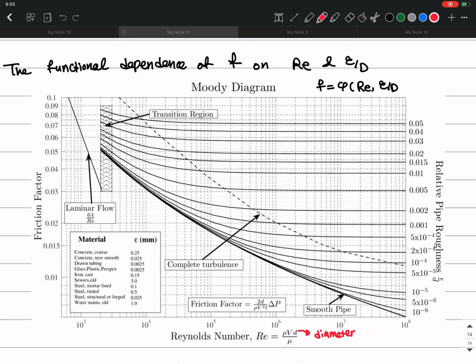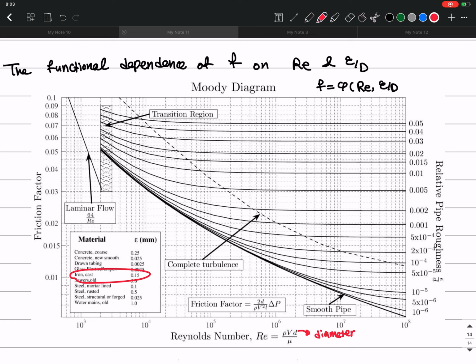Say I have a cast iron pipe which has an epsilon of 15 millimeter, and the diameter of the pipe is 1 meter.